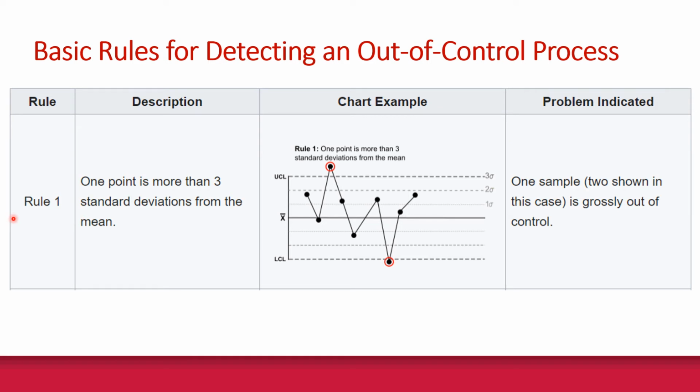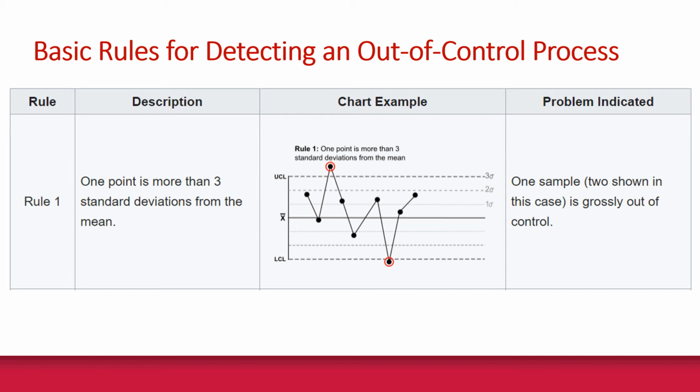Rule 1 says that if one point is 3 or more standard deviations from the mean, so here's our control chart, here's our mean, the upper control limit is 3 sigmas above the mean, and the lower control limit is 3 sigmas below the mean. Here we have 2 points plotted beyond the 3 sigma value. So this is out of control, obviously.